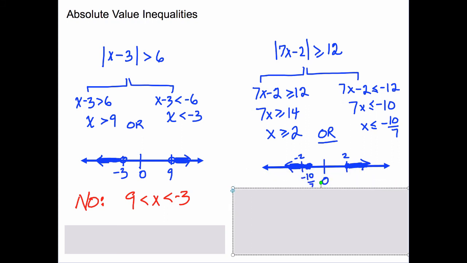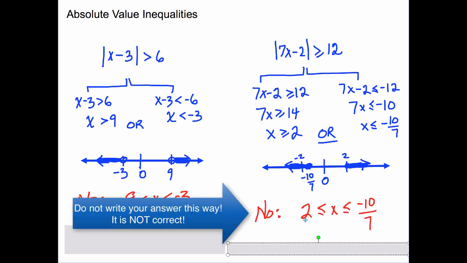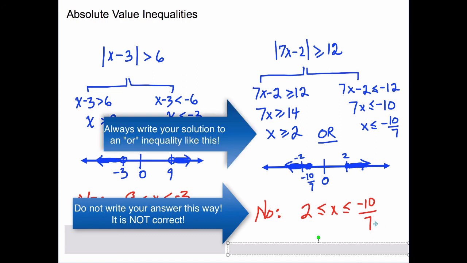We can put those numbers on a number line and make a graph. And once again, we remind you that writing the answer this way, 2 is less than or equal to x, which is less than or equal to negative 10/7, is incorrect. It is not the correct way to write the solution.